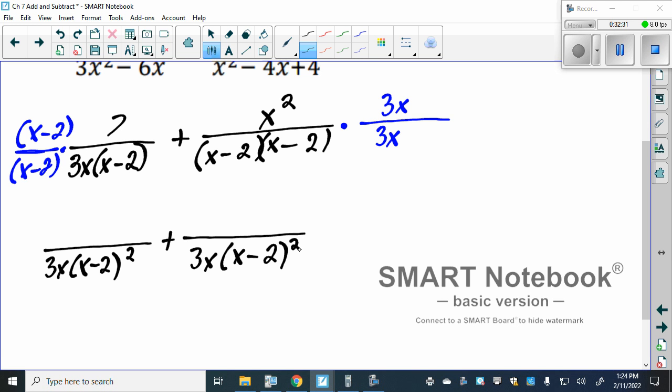Now in the numerator, we're going to need to multiply through by the 7. If we feel comfortable with that, we can go on and do the multiplication. We can do 7 times x, which is 7x. The 7 times negative 2 would be negative 14. On the other side, we have 3x times x squared, which would be 3x cubed.